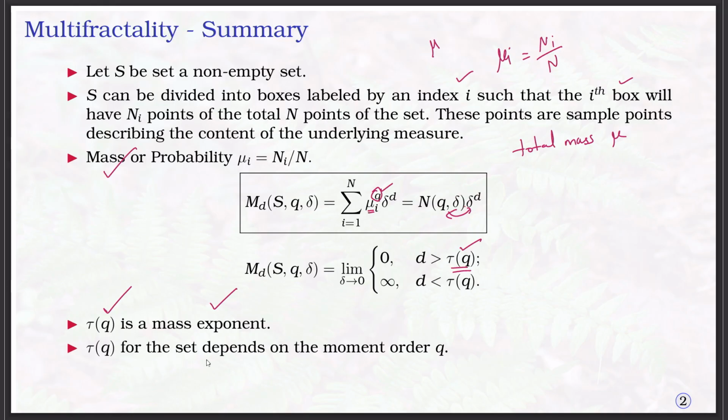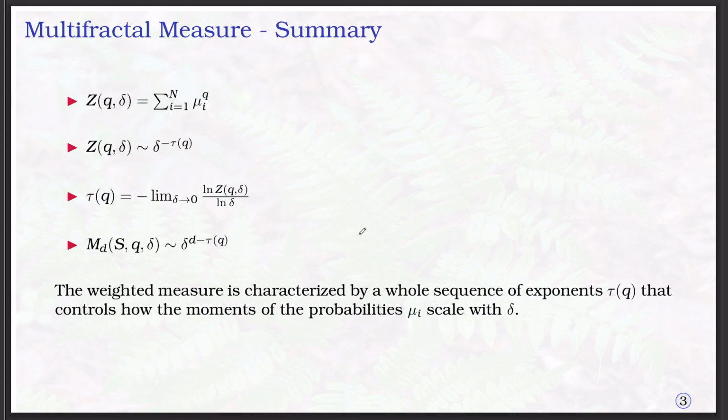The tau q for the set depends on the moment of order q. For different q, this tau q will vary. One can check that tau q is a decreasing function of q. We proved yesterday that tau q is a decreasing function of q.